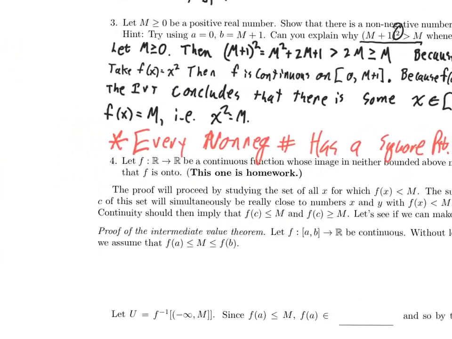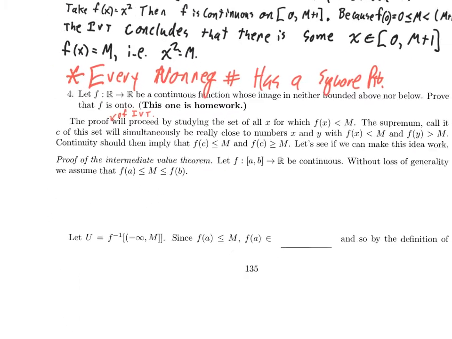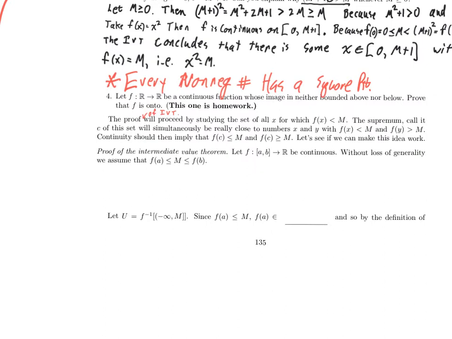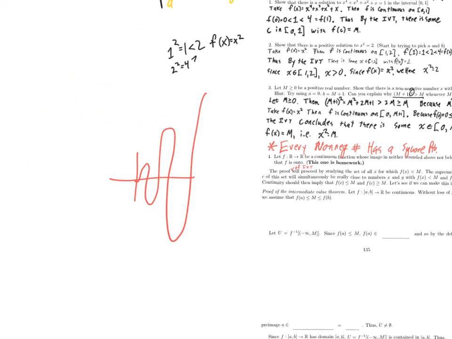So the proof, not of item 4, but the proof of the IVT, there's more than one. There's one proof which will appear as an extra credit that you'll do by constructing some sequences. This you'll think of by studying some sets. So you're going to study the set of all x's for which f of x is less than or equal to m. Let's go ahead and, let's even take this picture right here.